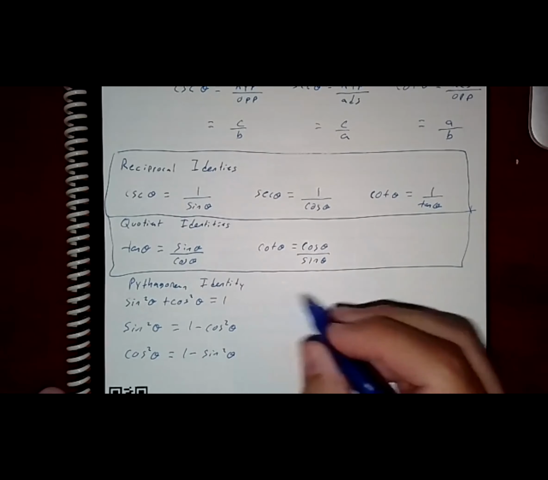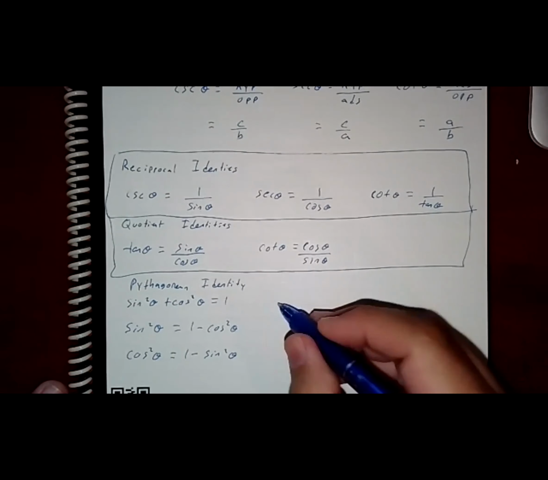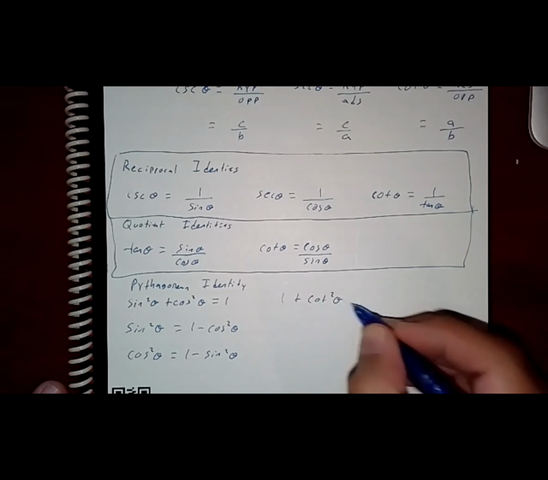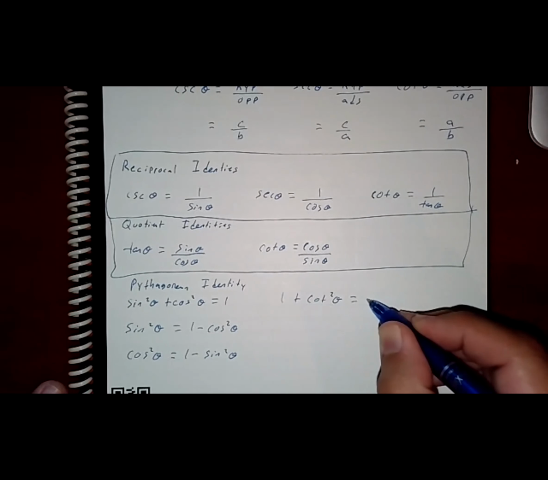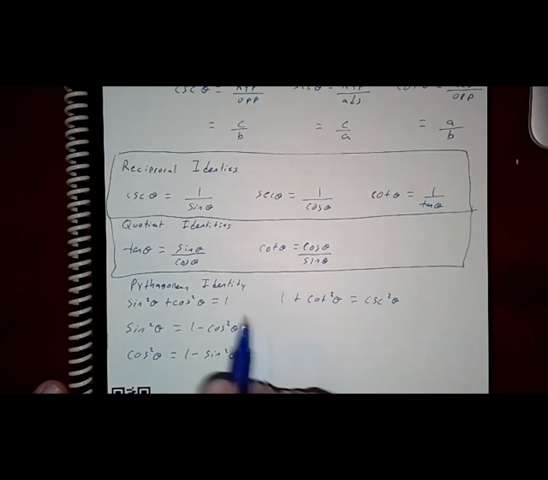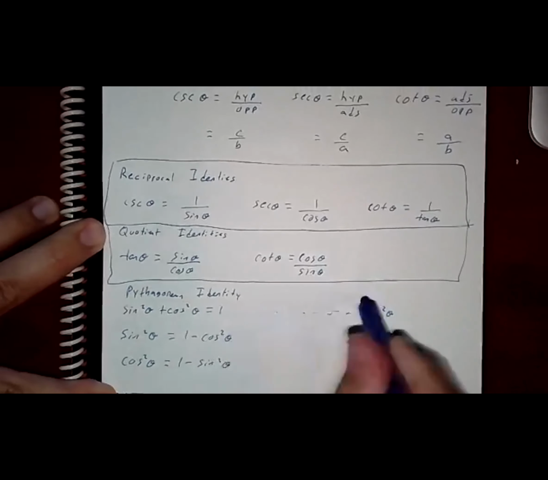Okay. Now if you divide both sides by sine squared, you're going to get 1 plus cotangent squared theta equal to cosecant squared theta. I should probably make this a little smaller so I can fit the other 3.